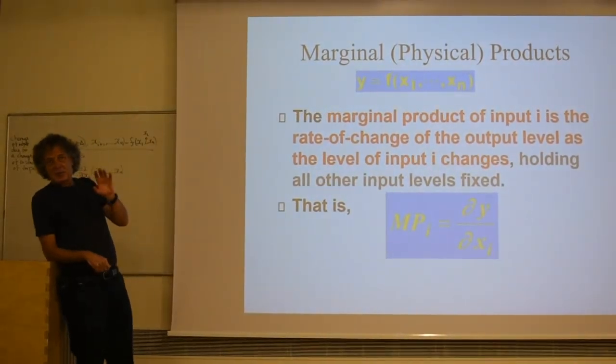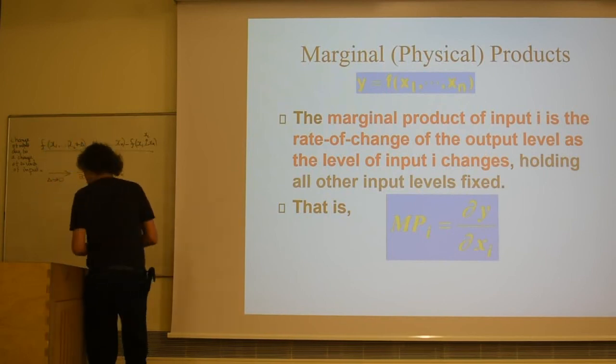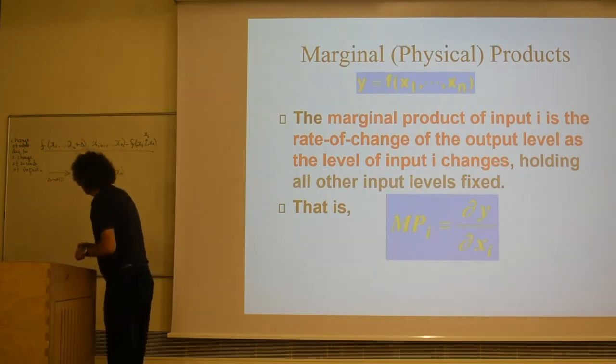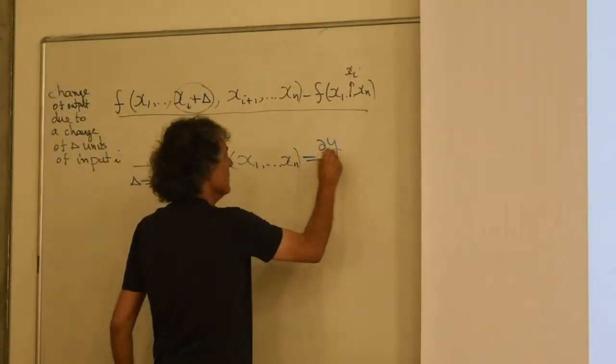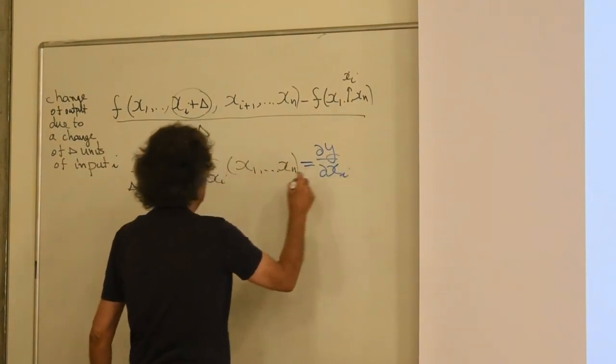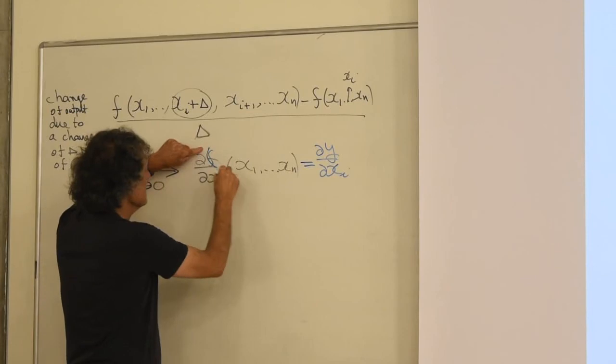You should be sure that the most important thing is to understand, but also to be able to apply that. So actually the MPi, the marginal product, is the derivative of y with respect to xi, or if you like, the partial derivative of f with respect to xi. This is the same as writing dy over dxi, because f is y.